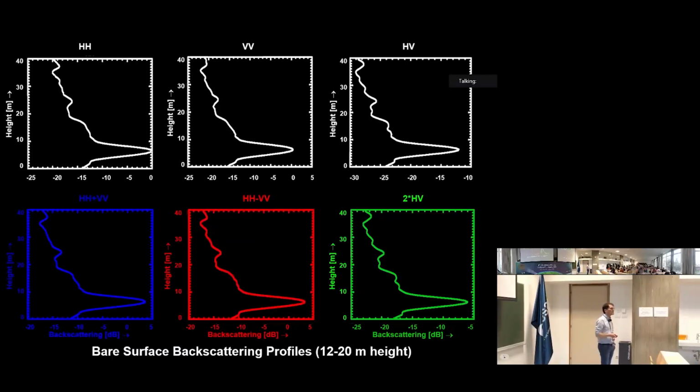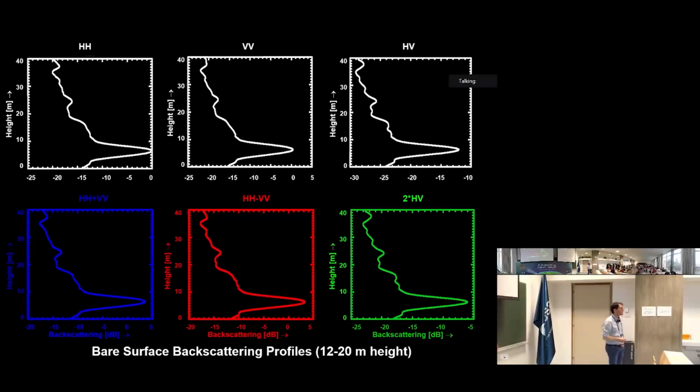There are no other scattering contributions. Everything else is basically side lobes of your tomographic profile, ghosts, but they are small enough that you don't confuse them with the real scattering at the surface. And the surface looks the same in all channels.